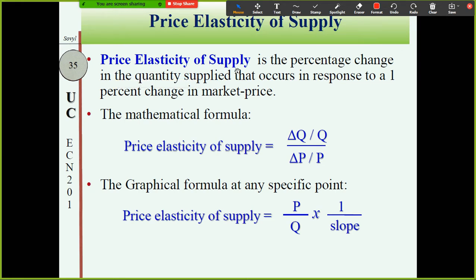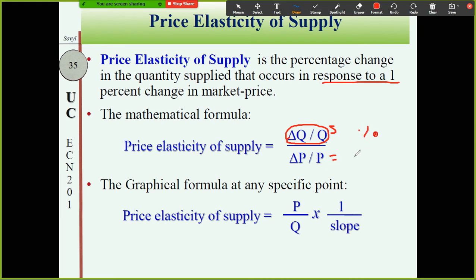Price elasticity of supply for a product is the percentage change of quantity supplied in response to a 1% change in the price of that product.